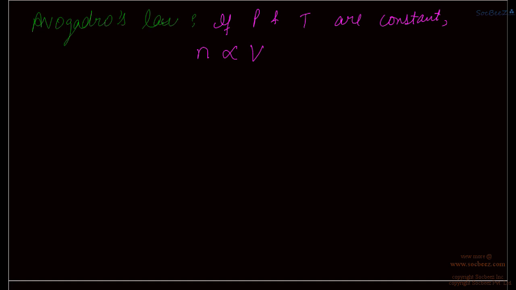All of these laws were combined together. Combining these laws, it was observed that P into V upon N into T always comes out to be a constant quantity.